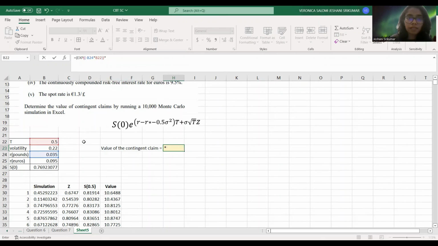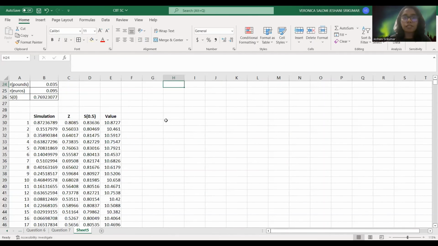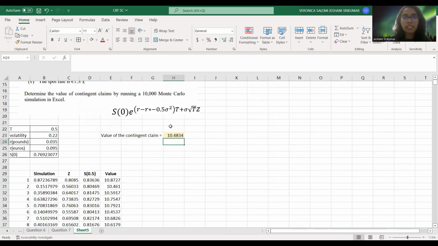This figure we have to multiply by the sum of all of these values here. So we just add that up, and then we divide it by 10,000 since we have 10,000 simulations. So this in the end will be the value of the contingent claim using 10,000 simulations in the Monte Carlo simulation.